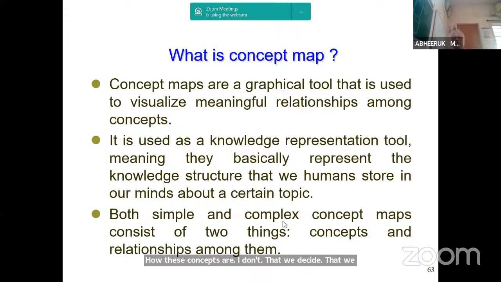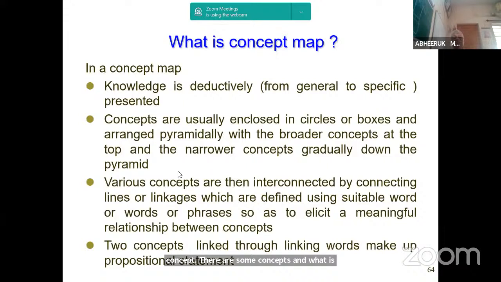So both simple and complex concept maps consist of two things: what are the concepts and what is the relation among them. There are some concepts and the relation among the concepts. Here in the concept map, knowledge is deductively presented. That means first the very general concept is there, then very specific concepts follow.